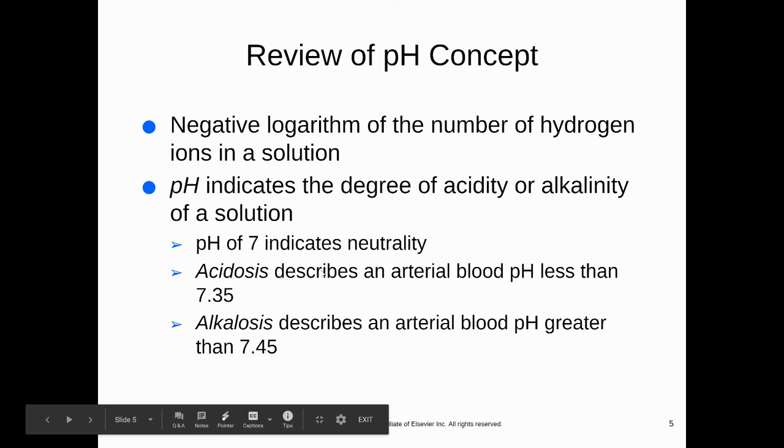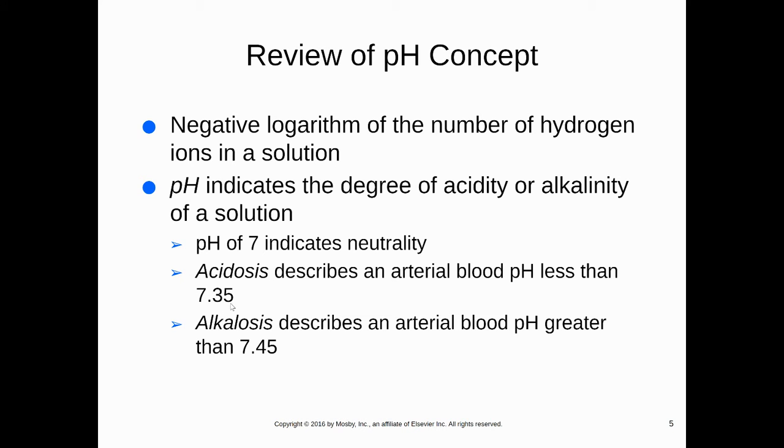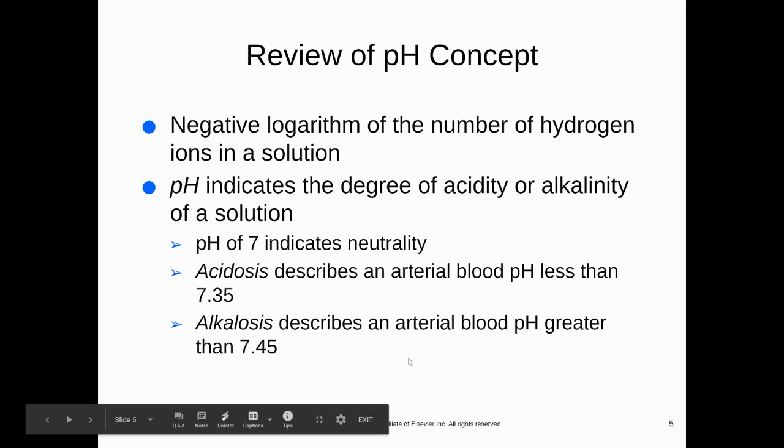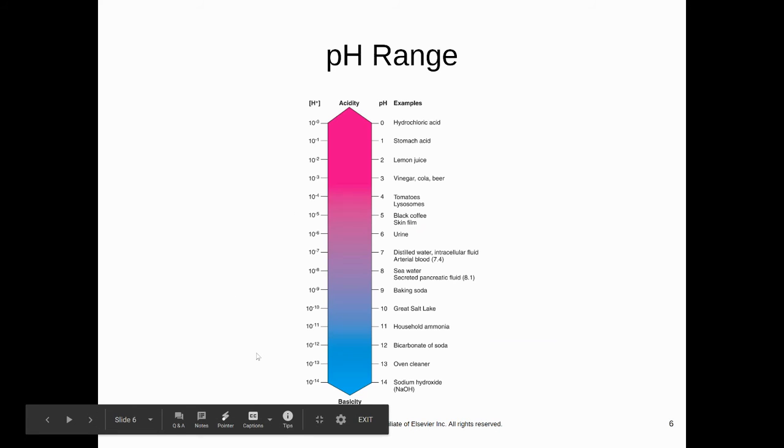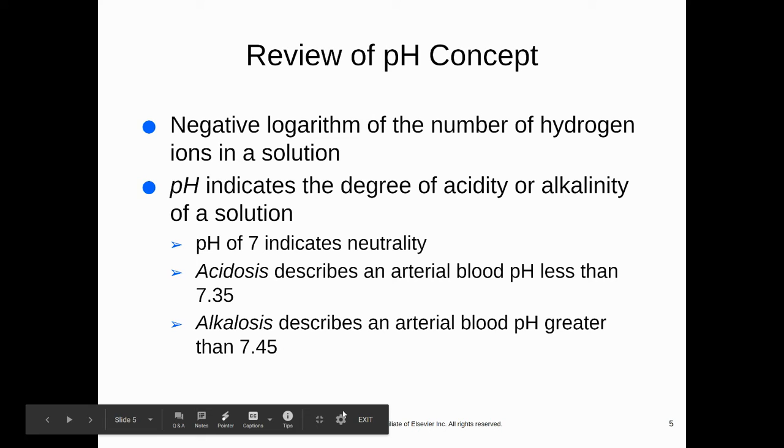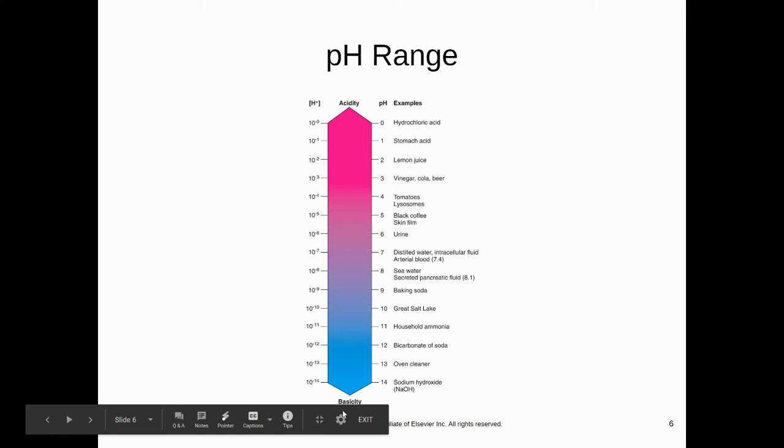So acidosis is whenever you have an arterial blood pH that's less than 7.35, which means it has more hydrogen ions. Alkalinity is going to be higher than a pH of 7 and means that we have less hydrogen ions. So alkalosis means that we have an arterial blood pH greater than 7.45. Our good range in between is 7.35 to 7.45. This is our typical pH range.